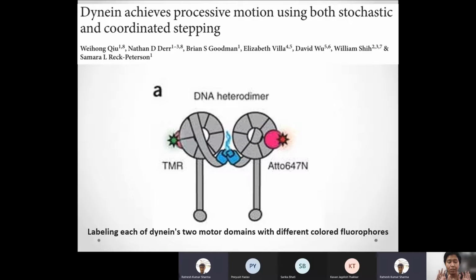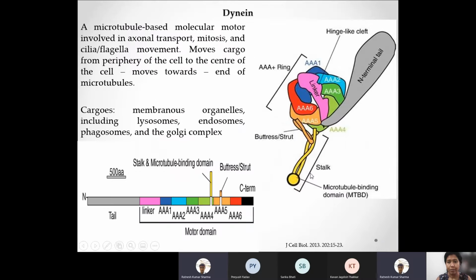What they did is they took a dynein and truncated the N-terminus, because the N-terminus is mostly involved in cargo selection. So you truncate that, you do not need the whole thing, but you add certain other domains to it, which would allow you to tag the dynein with a very specific fluorophore.